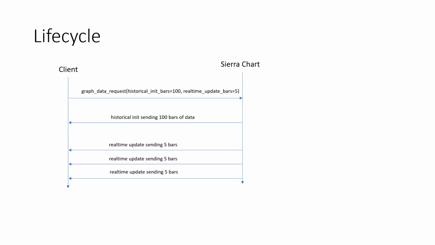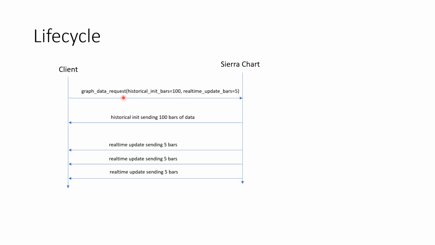Okay, so we mentioned that in one request, we can basically ask for historical bars, real-time bars, and the combination of the two. And this is a diagram showing how that might work. In this example, I have a request to get some graph data, and I'm asking for 100 historical bars and 5 real-time update bars.